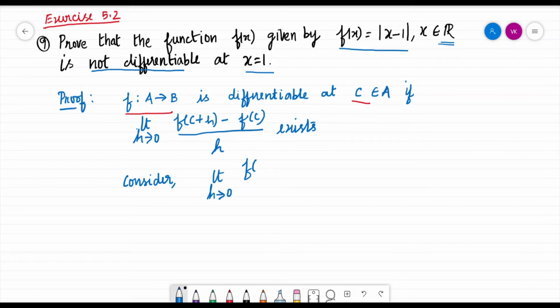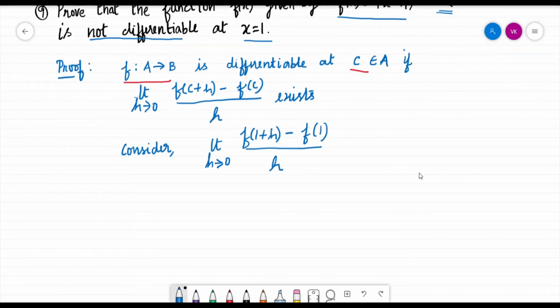f of 1 plus h, because we are interested in the differentiability at the point 1. So in place of c, we have got 1. f of 1 plus h minus f of 1 by h. So by the definition of our f of x, this limit is equal to limit h tends to 0. f of x is modulus x minus 1.